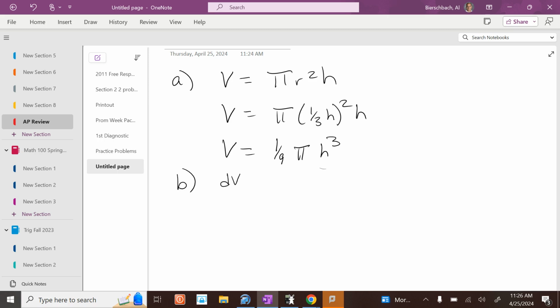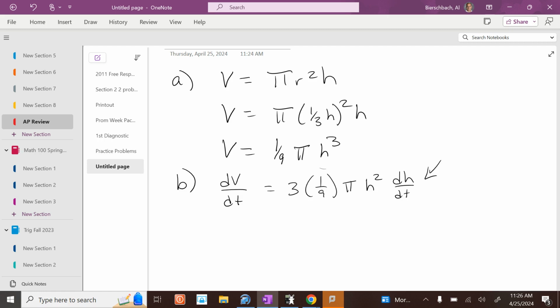So dv dt, the change of the volume over a certain time, equals 3 times 1/9 times pi times h squared dh dt. A lot of you forgot dh dt. So that's the first step in this, taking the derivative of h with respect to t.